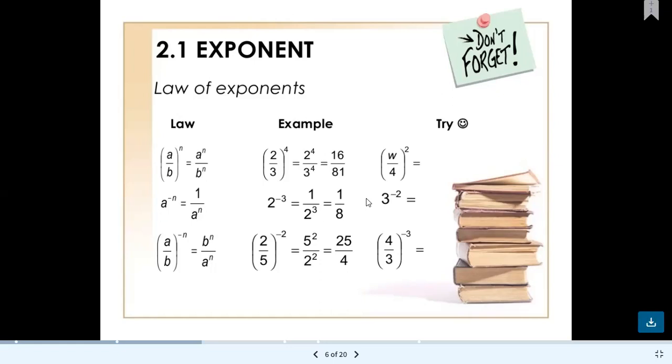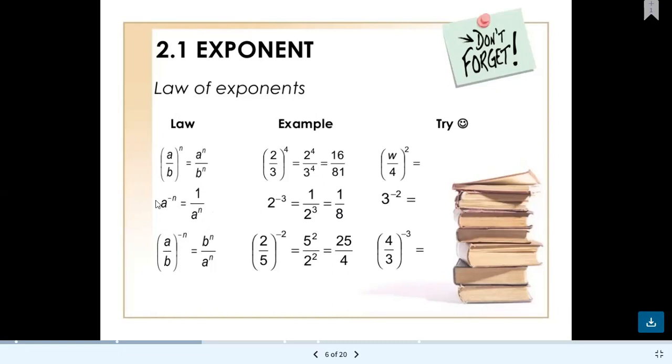So, next law, a raised to negative n. That will be 1 over a^n. Kapag negative yung exponent, bumababa siya to denominator, and then we're going to represent the n as positive na.